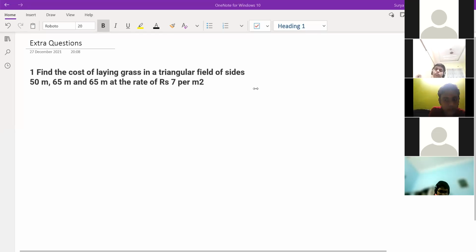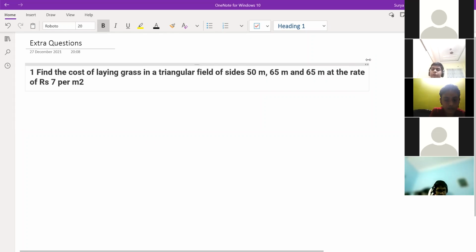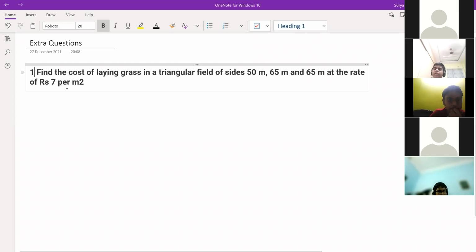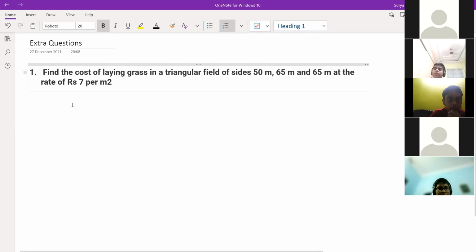Share screen. See this. Can you do this question, all of you? Find the cost of laying the grass. The rectangular field of side 50, 65, and 65.